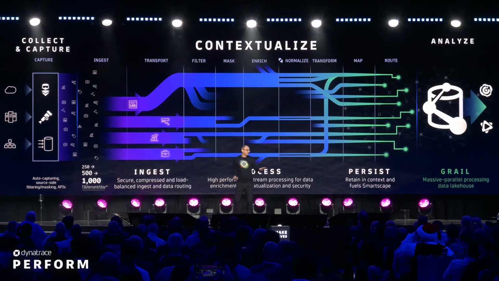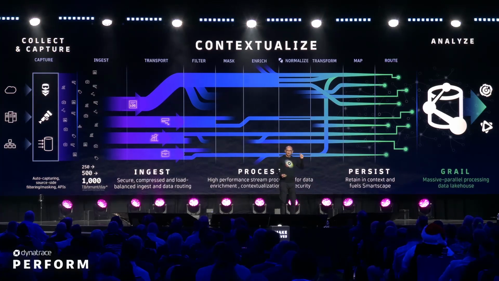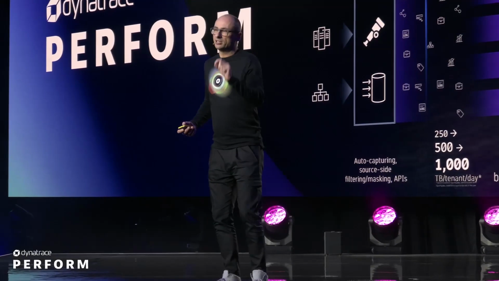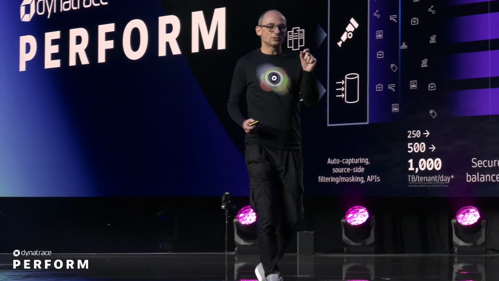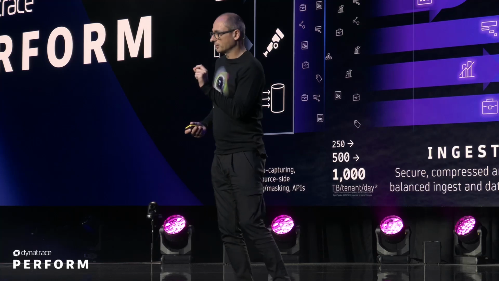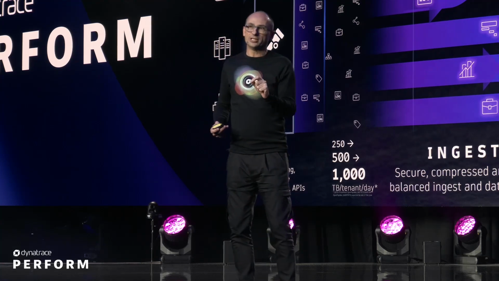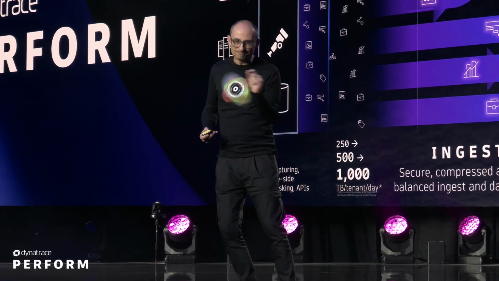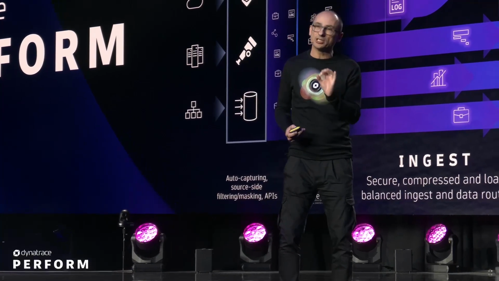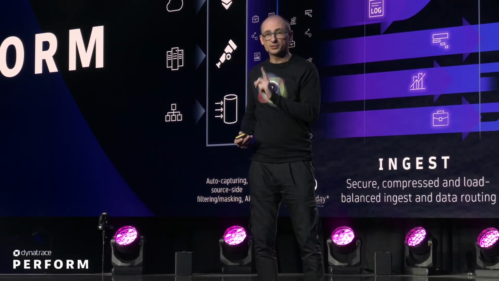But it's more than just a data pump, because OpenPipeline actually has a patented high-performance rule engine that allows you to contextualize the data in such high quality that it funnels the full 1,000 terabytes at speed all the way to Grail with context.